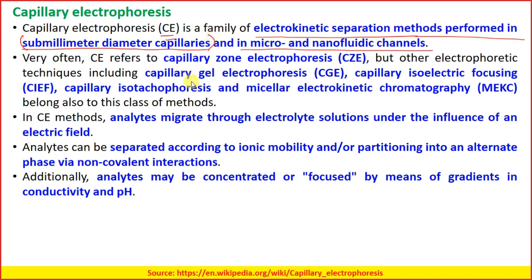Okay, so when we talk about these capillaries, what is a capillary? A capillary, you will find, is a cylindrical structure, and the internal diameter of this tube is very small. In capillary electrophoresis, it is approximately in the range of 10 to 100 micrometers.